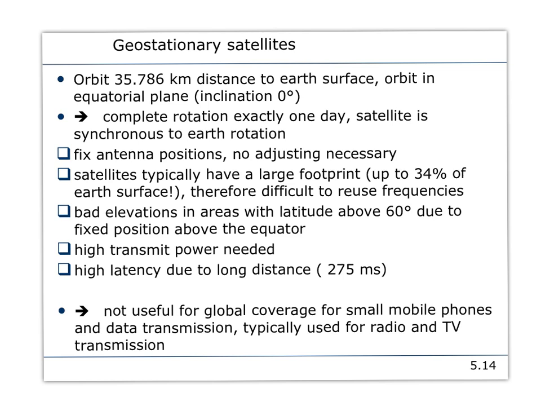Regardless, the propagation delay is around maybe 1 second. So in these types of orbits, you can have data rates in the range of 10 bits per second, not kilobits, 10 bits per second.